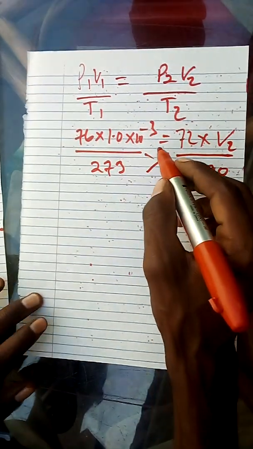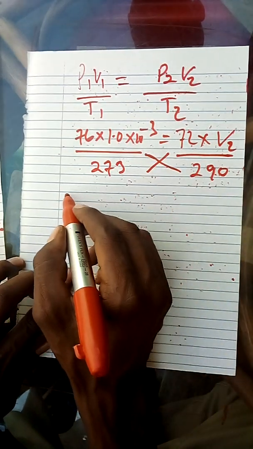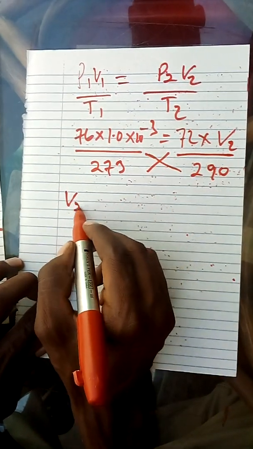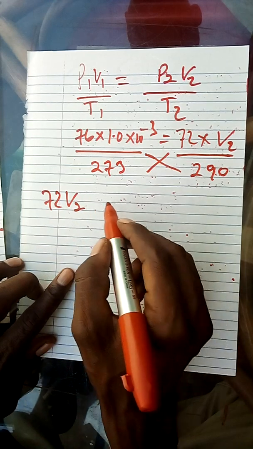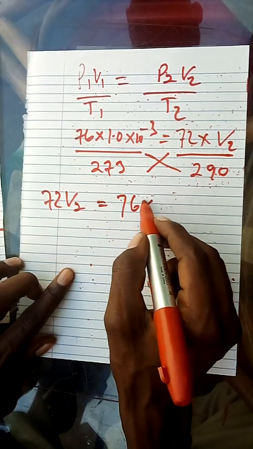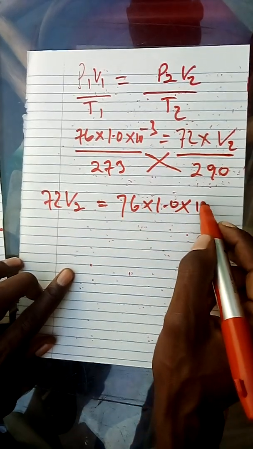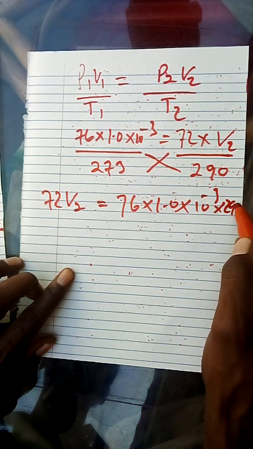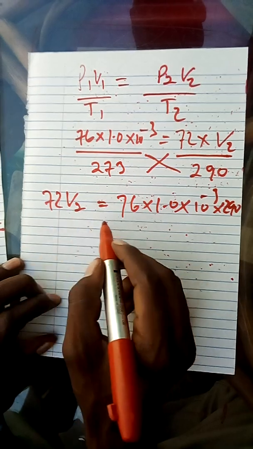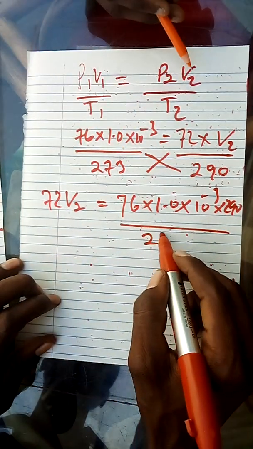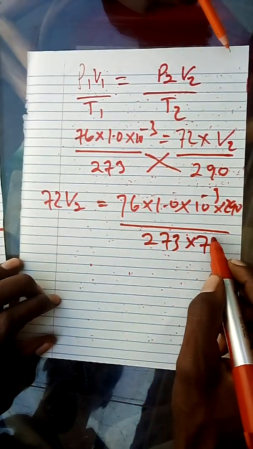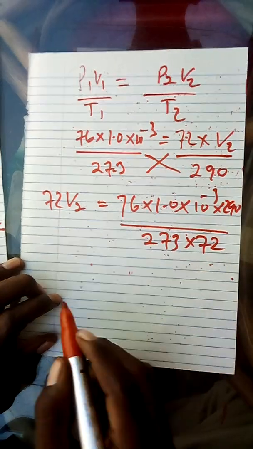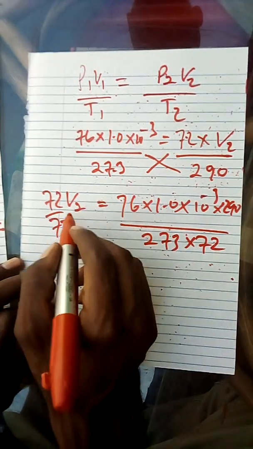Now you cross multiply. Once you have cross multiplied, V2 times 72 is equal to 76 times 1.0 times 10 power negative 3, then times 290, divided by 273 times 72, because this 72 cancels out.